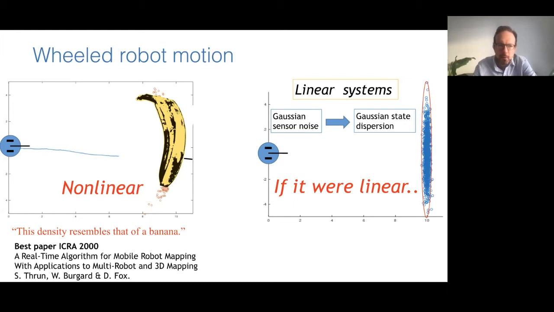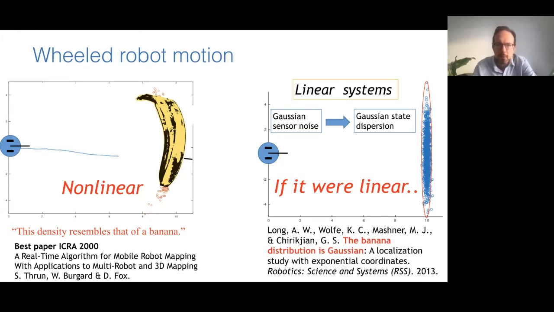It turns out that a few years later, Greg Chirikjian, along with co-authors, showed that this banana distribution that you observe on the left may be considered as Gaussian, except that you need to change coordinates. In some alternative coordinates related to Lie group theory, this banana distribution is Gaussian. This is an insight by Greg Chirikjian.